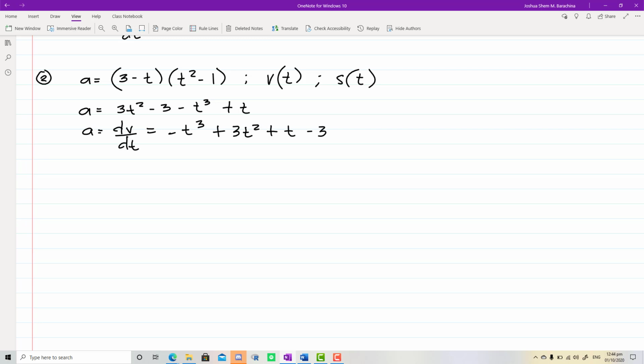Cross multiply dt to the other side, you will have dv is equal to negative t raised to 3 plus 3t squared plus t minus 3 dt. Integrate.